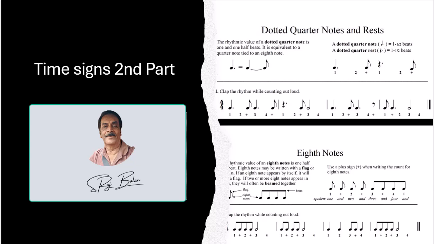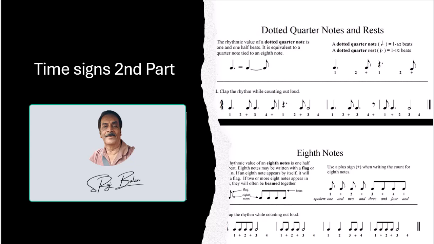Instead of clapping, you can also play in slow motion. How? 1 and 2 and 3 and 4 and. I played bar 1. Bar 2: 1 and 2, no sound, and is there, 3 is there, 4 continuing, the sound is continued. So bar 2, 1 and 2 and 3 and 4 and.